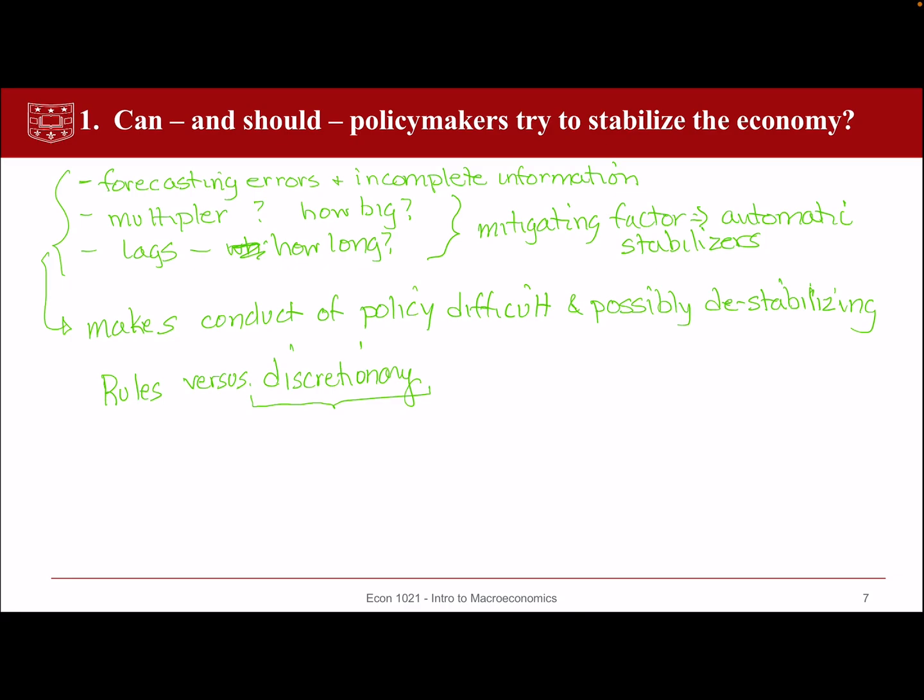But that's because we have, for the most part, at least with monetary policy, fairly credible institutions. And so this decision about whether we need rules or discretion points to the importance of credibility, believability in the conduct of policy.